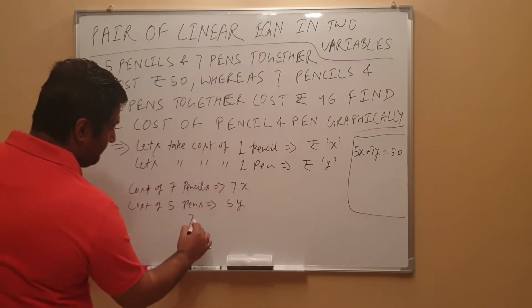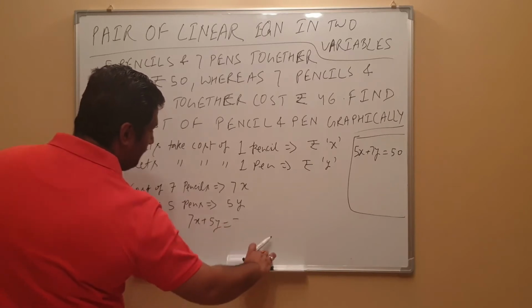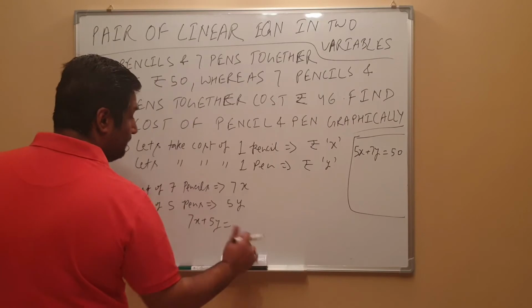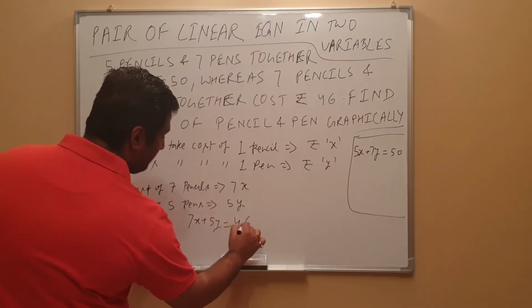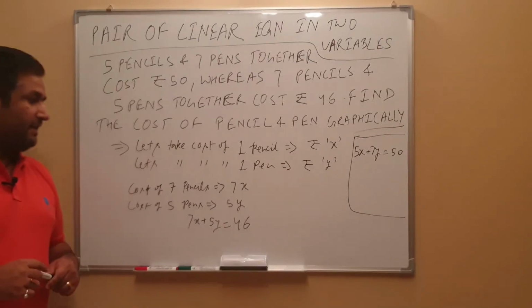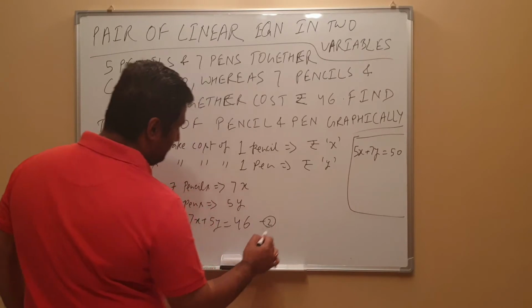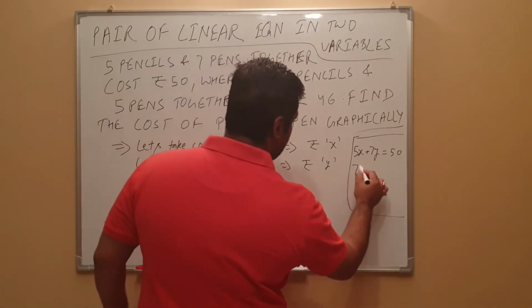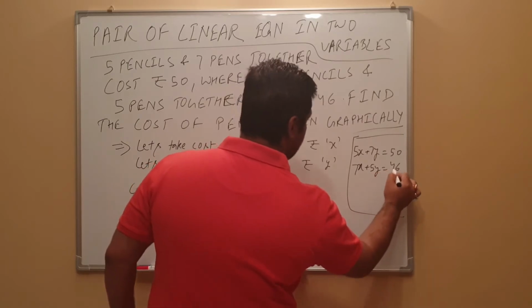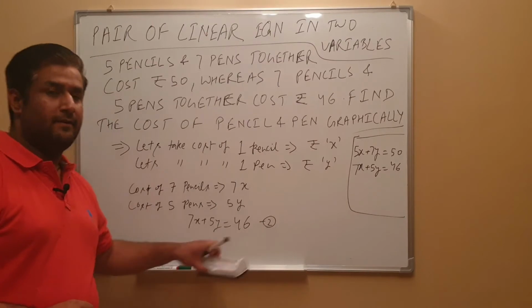So the total is 7x plus 5y, which should equal 46 rupees. This will be our second equation, 7x plus 5y equals 46.